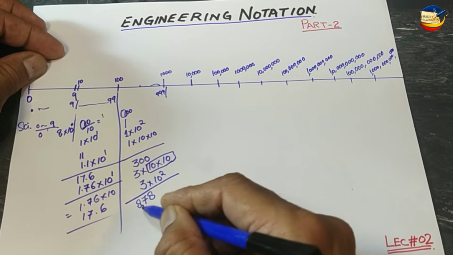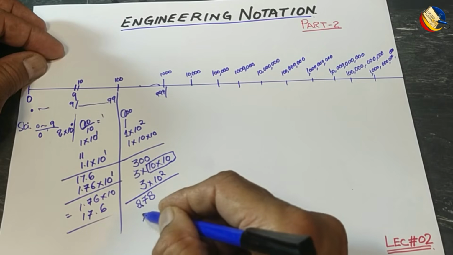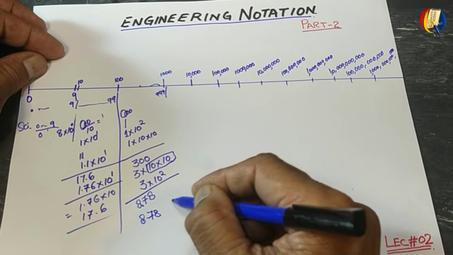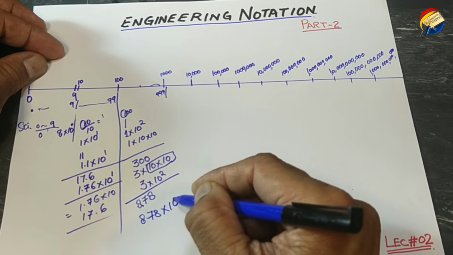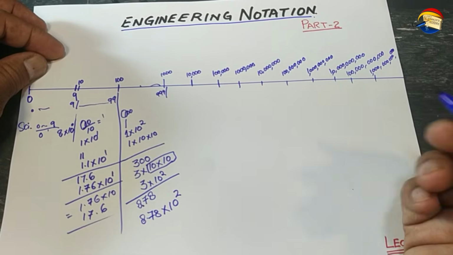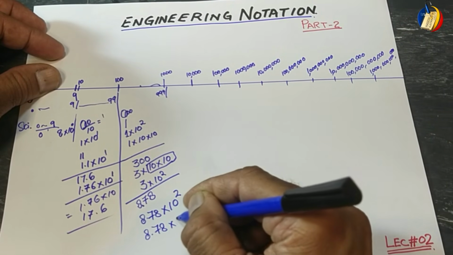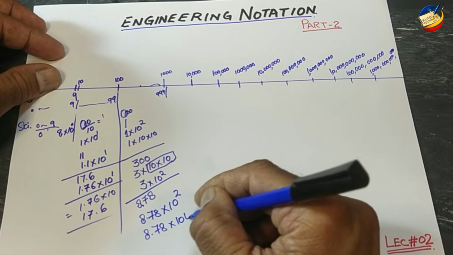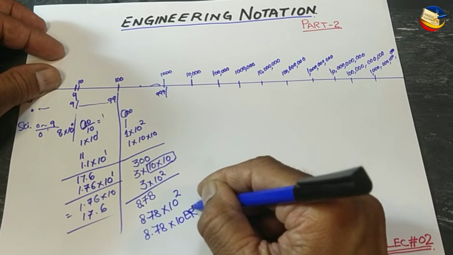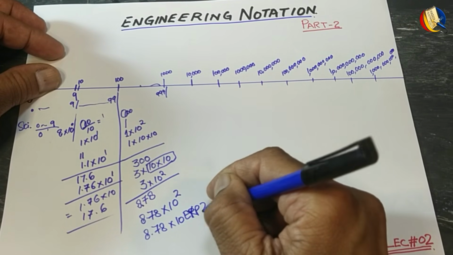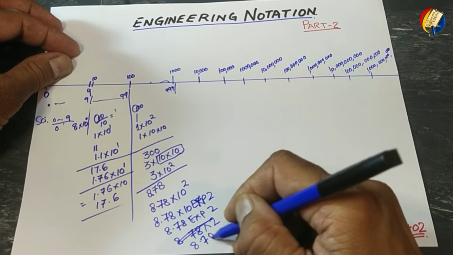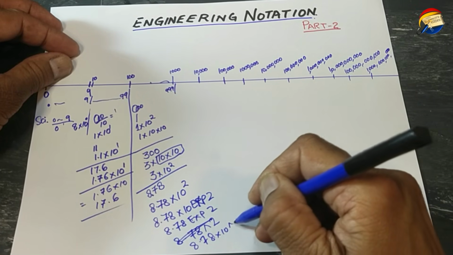When we move to the left side, we write 8.78 multiplied by 10 raised to the power 2. Or we can write 8.78 × 10 exponent 2, 8.78 × 10 circumflex 2.